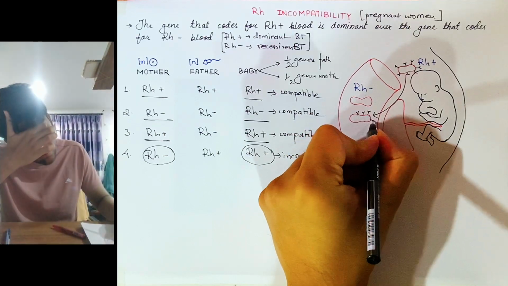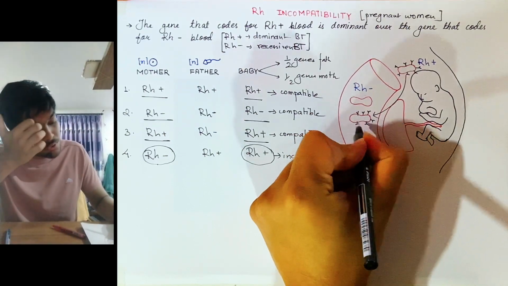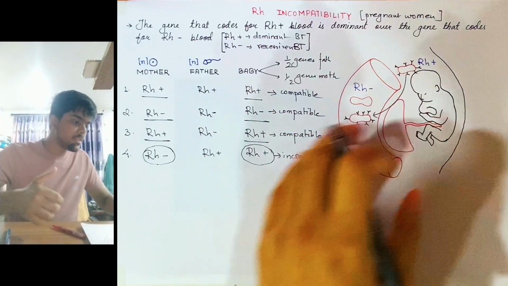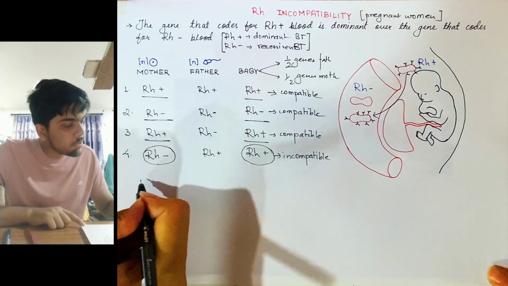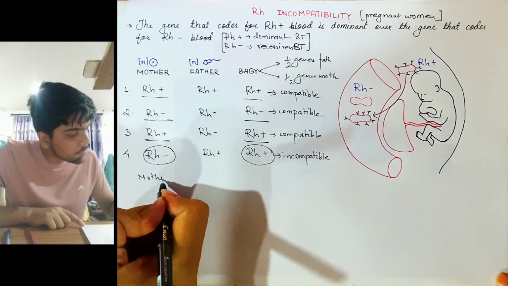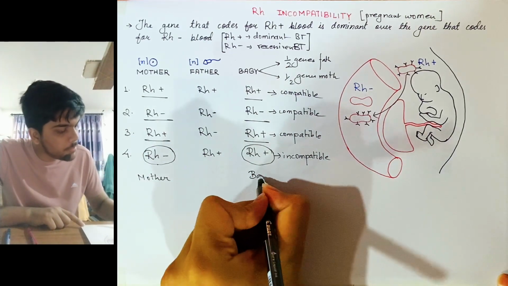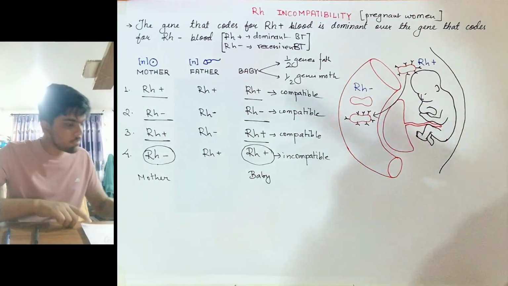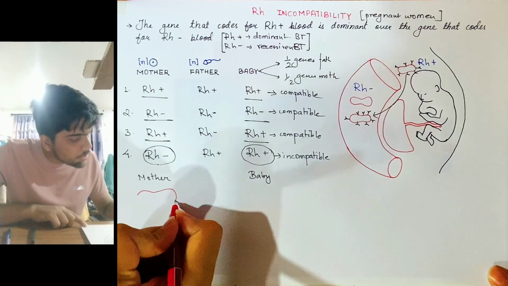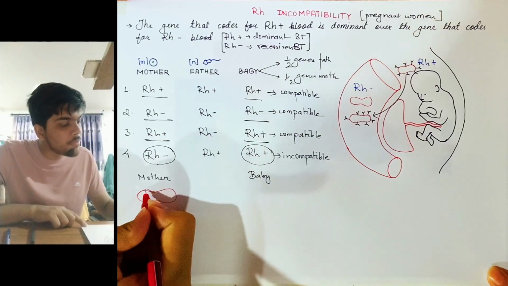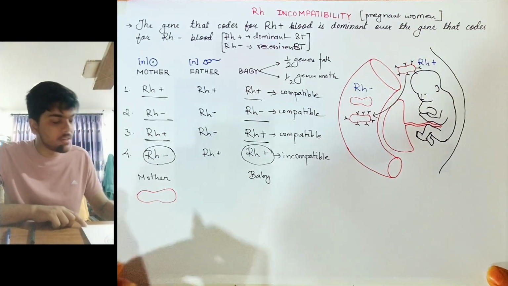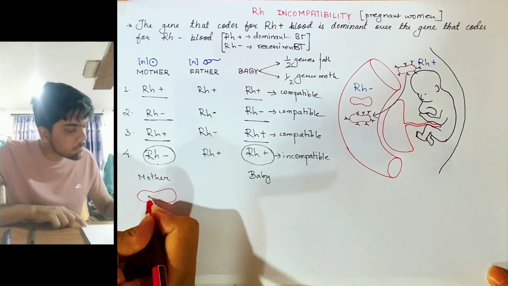Then what happens? To show what happens here, let me zoom this. So here's your mother and here's the baby. The blood of the mother contains RBCs that don't have any Rh antigen on the surface of the RBC.